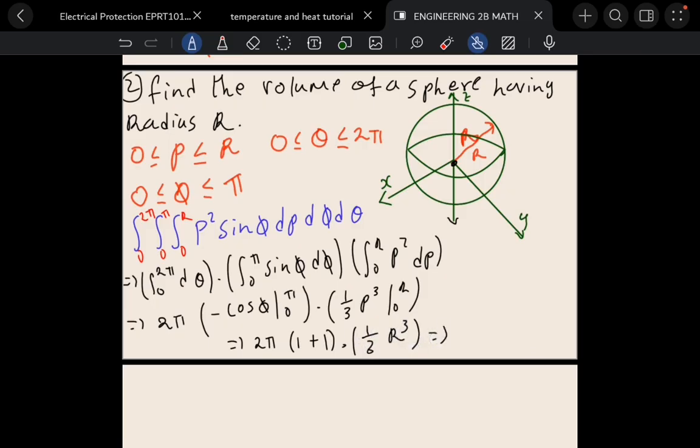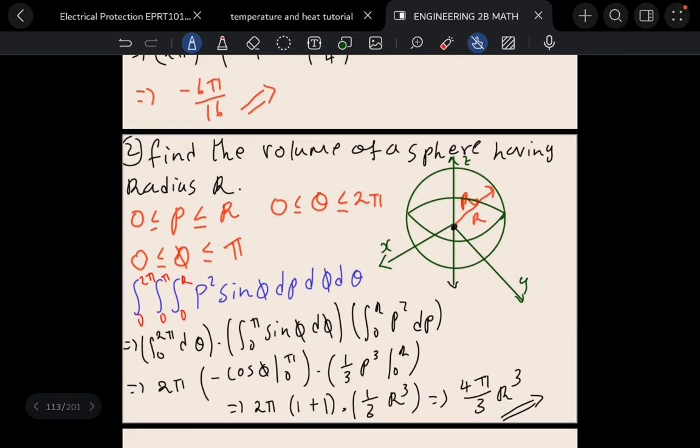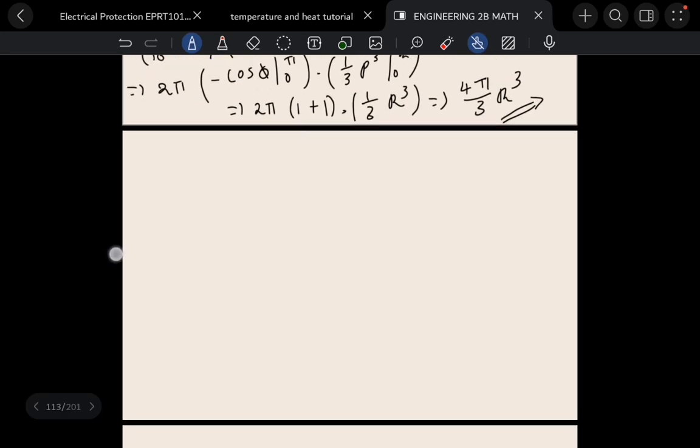So 1 plus 1 is 2. 2 times 2, that is 4, which is 4 pi over 3 r cubed. This is the formula to calculate the volume of a sphere. That is the formula to calculate any volume of a what? Of a sphere. So do not get confused. When they say derive, you need to have something to show them.